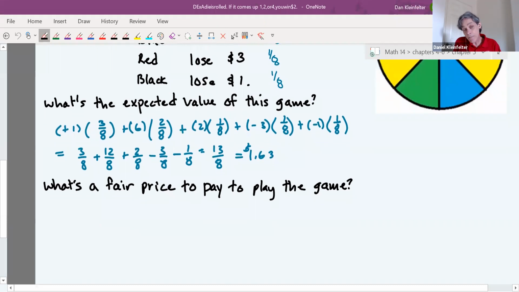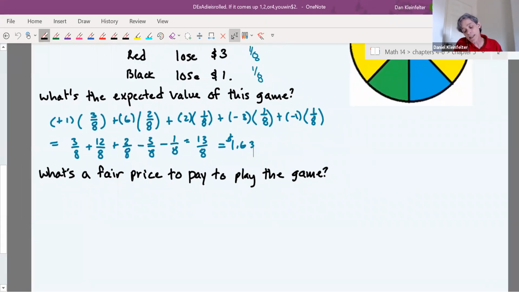Okay, so then the second part of the question, what is a fair price to play the game? So we haven't discussed what a fair price is, so now's a good time. What a fair price is would be the price that we should charge to make it so that the game is fair. And by fair, I mean so that neither side has an advantage.